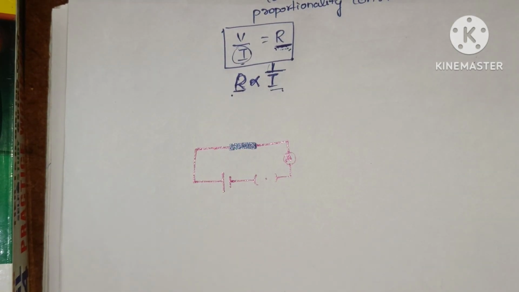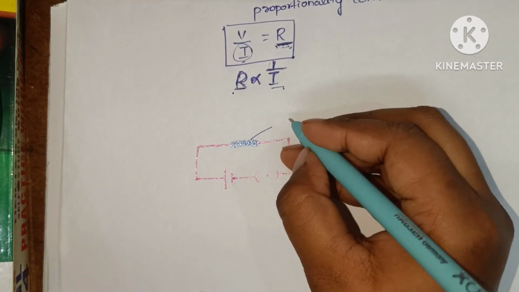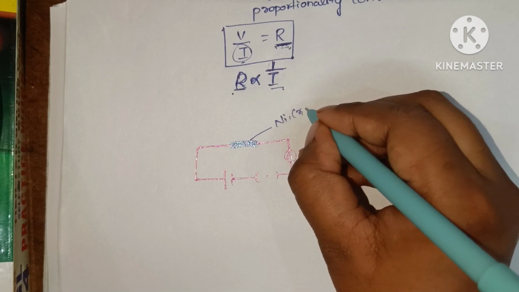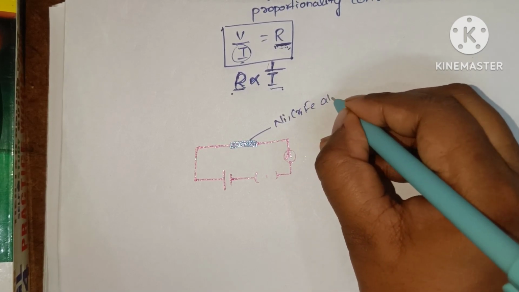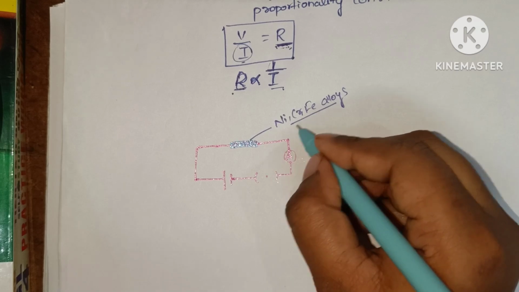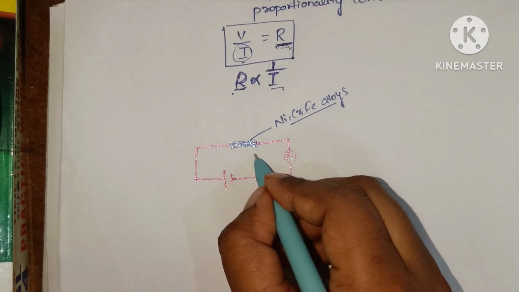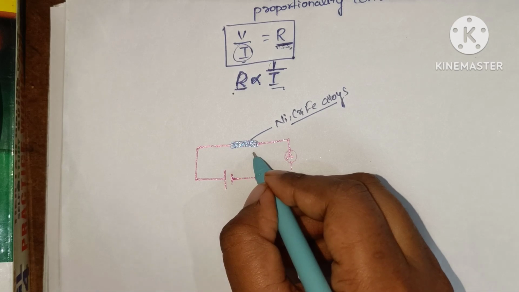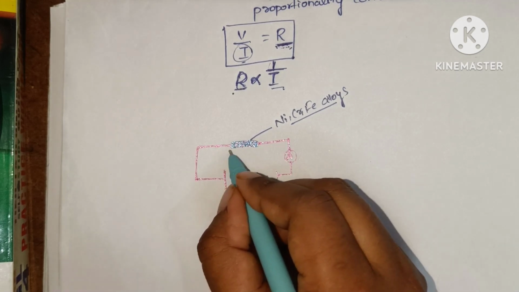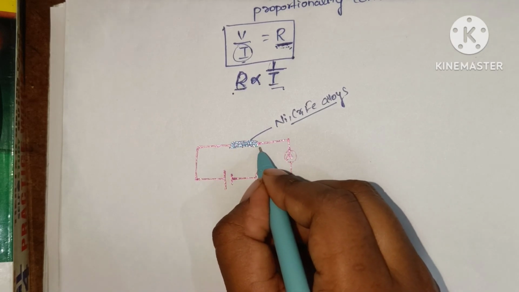Nichrome wire is a combination of nickel, chromium and iron alloys. With these three metals it was created. Nichrome wire has more resistance. There are more disturbances in this wire, so electrons can't move easily from this point to this point.